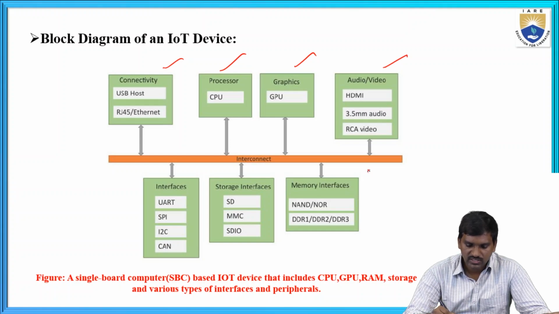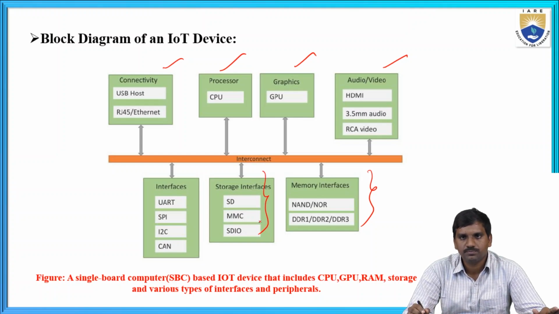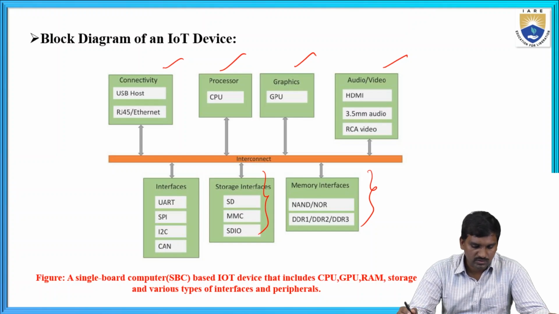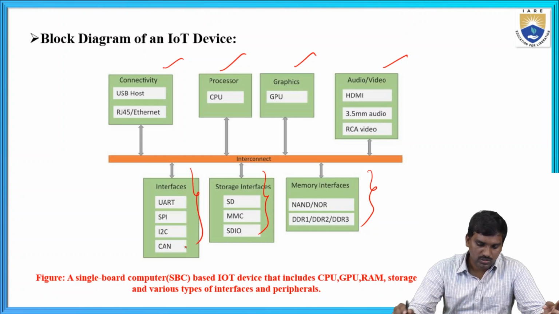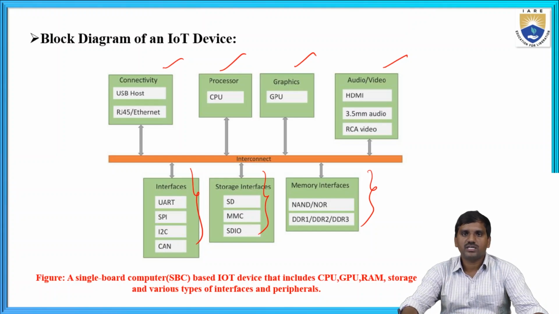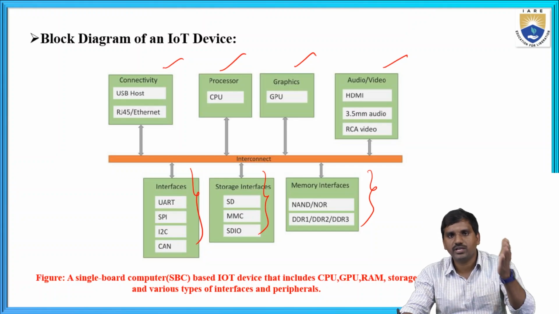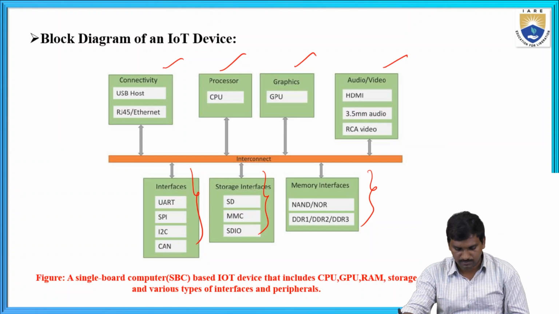In terms of memory interfaces, NAND, NOR, DDR1, DDR2, DDR3. In terms of storage interfaces, SDRAM, MMC, SDIO input output. Interfaces by using UART, SPI, I2C, and CAM. So these are the basic block diagram of an IoT device. It has different specifications based on the application we use.